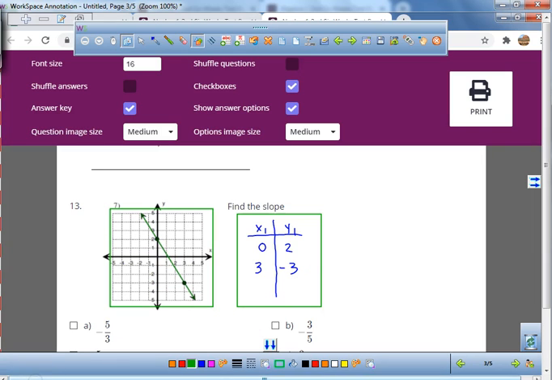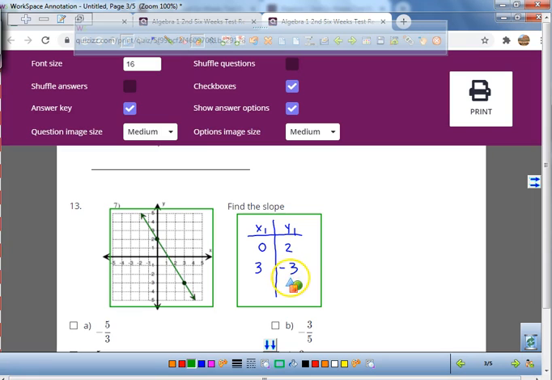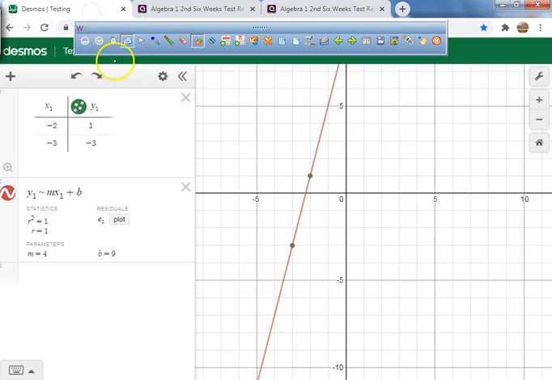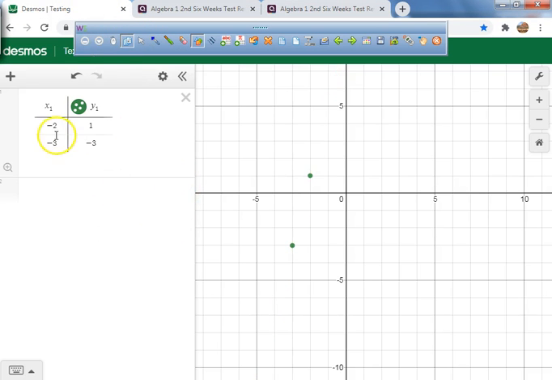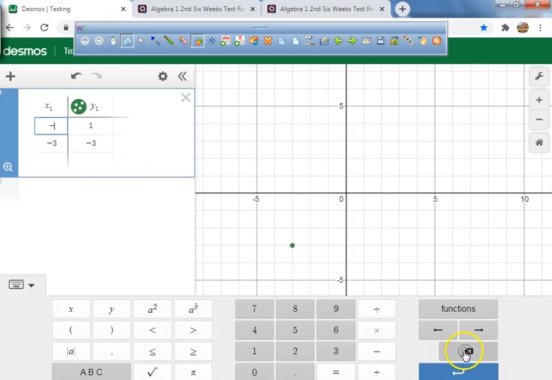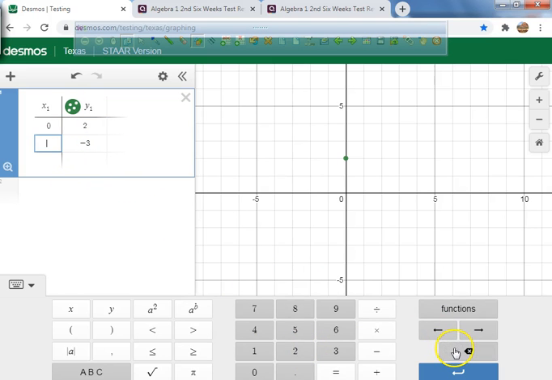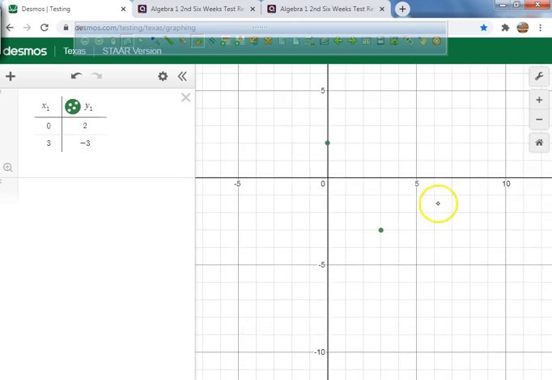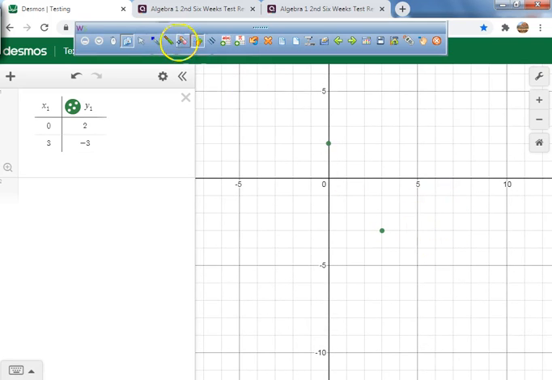Make that happen. All right, so right now I'm going to type this into Desmos real quick. So let's go to Desmos, and I'm going to take off this, though, because I don't want to reveal the answer. So what were our 2 points? 0 and 2, and then 3 and -3. Correct, like that? Okay. The reason I'm using Desmos right here is it helps me graph it a little bit neater, and you guys can see it better.